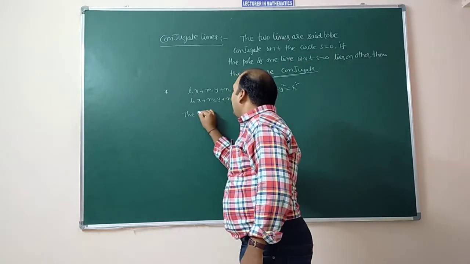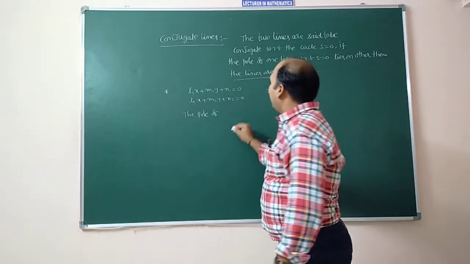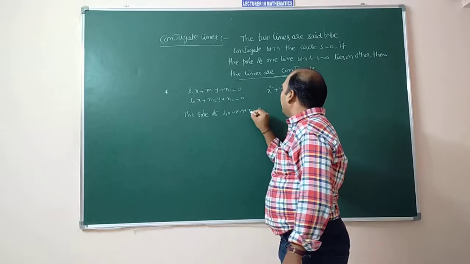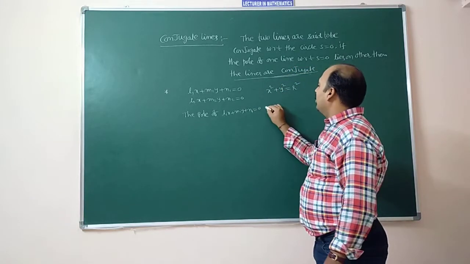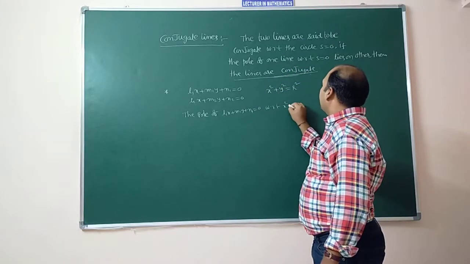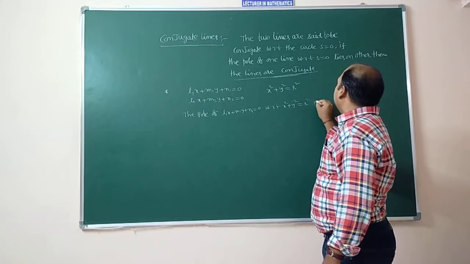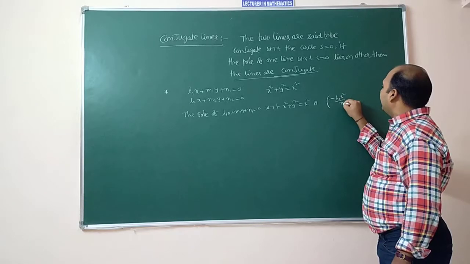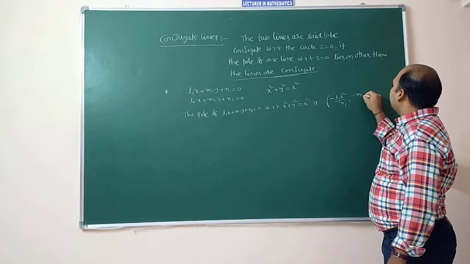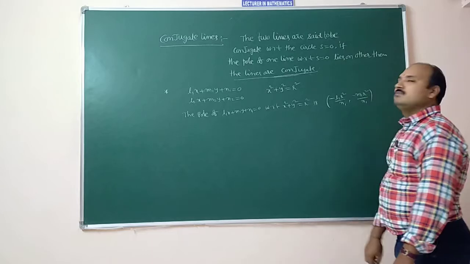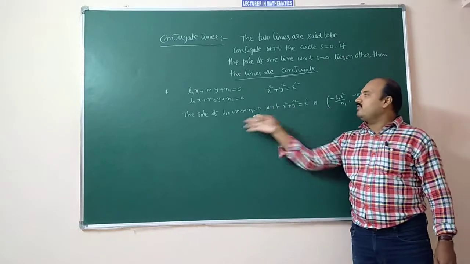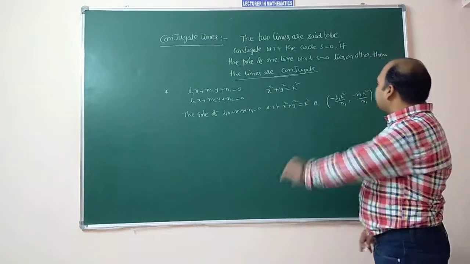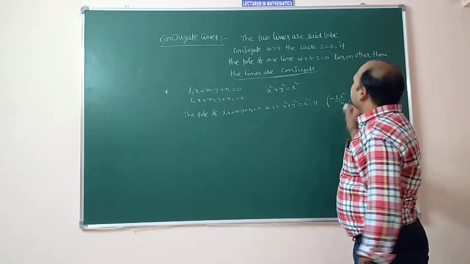The pole of L1x + M1y + N1 = 0 with respect to x² + y² = r² is (-L1 r²/N1, -M1 r²/N1). This is the pole of this line with respect to this circle. According to the definition of conjugate lines, this pole lies on the second line.